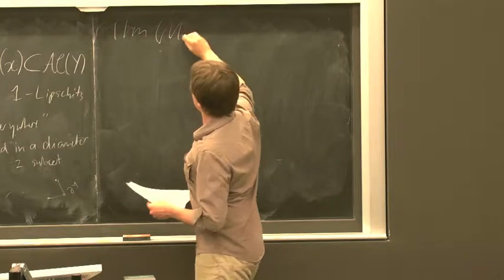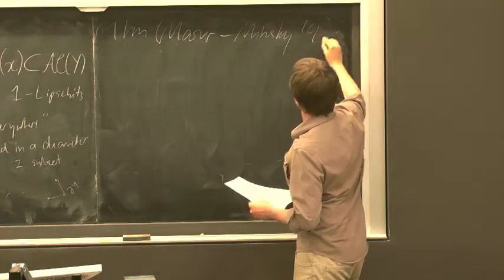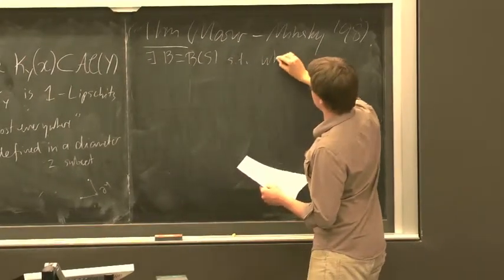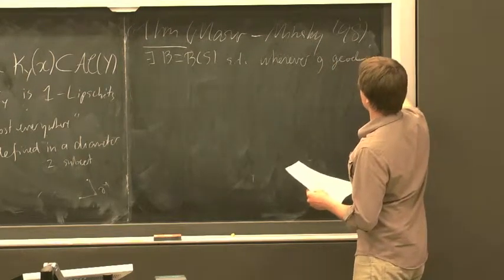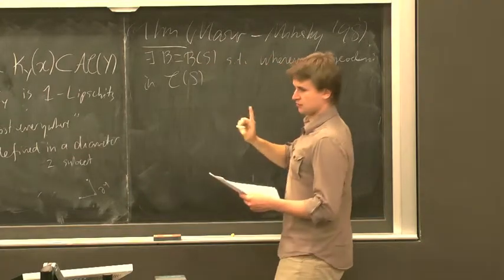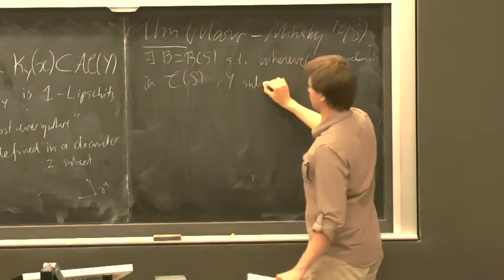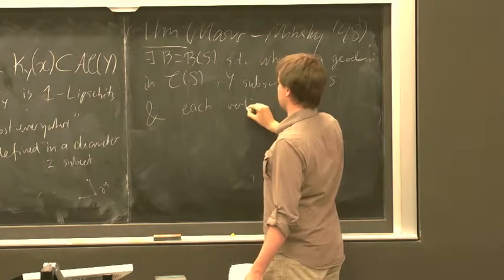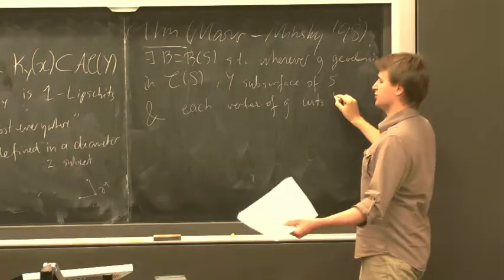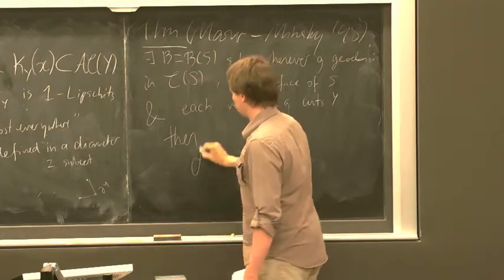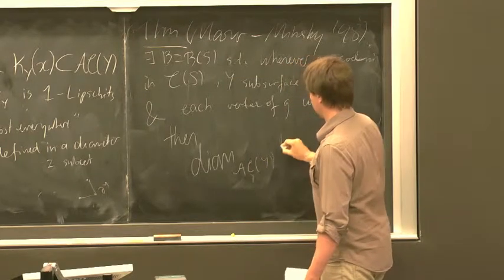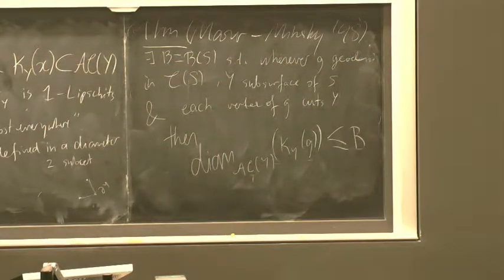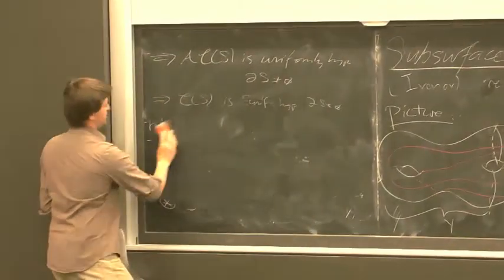Okay, theorem, Masur and Minsky. There's a constant B depending on your surface such that whenever G is a geodesic in the curve graph of S, Y is a subsurface of S, and last criterion, each vertex of G cuts Y, so the projection is defined, then the diameter of the projection is at most B. It doesn't depend on the geodesic or the subsurface, as long as each vertex cuts the subsurface.